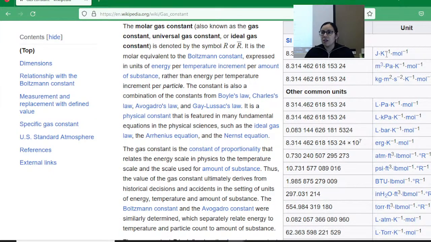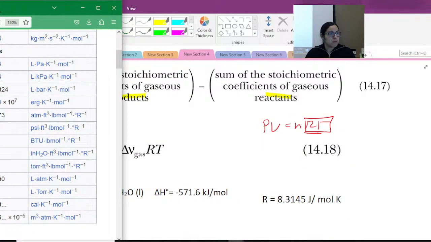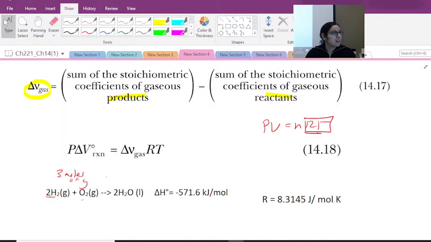In our case, we're looking at joules and Kelvin and moles, so that's why we're on this R. But for right now, just appreciate that there's a gas constant for a bunch of other units. So I'm not sure if that quite answered your question, but.